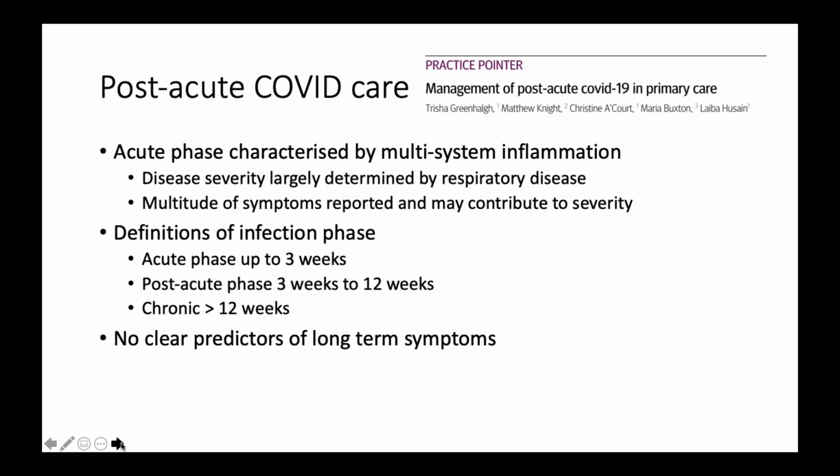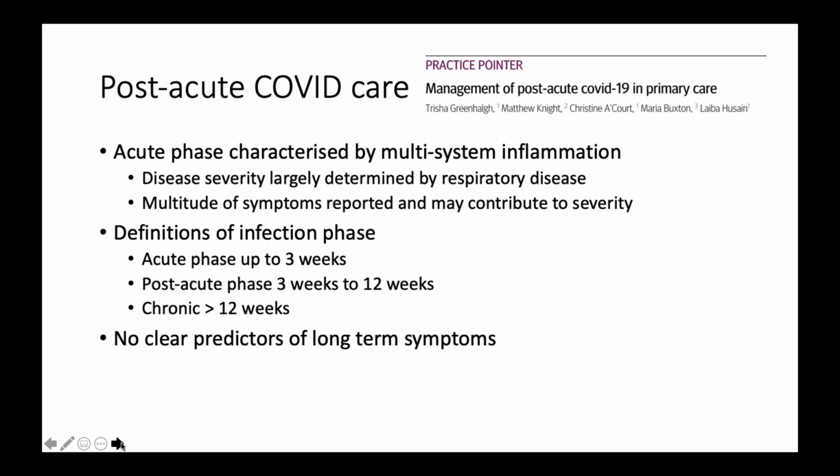There's a really great article out recently in the BMJ looking at the management of what they've termed post-acute COVID-19, defining that as the period between 3 and 12 weeks, where after 12 weeks is considered chronic. I'll talk a bit more about that in a moment, but what we don't really know yet is who is going to develop long-term symptoms.